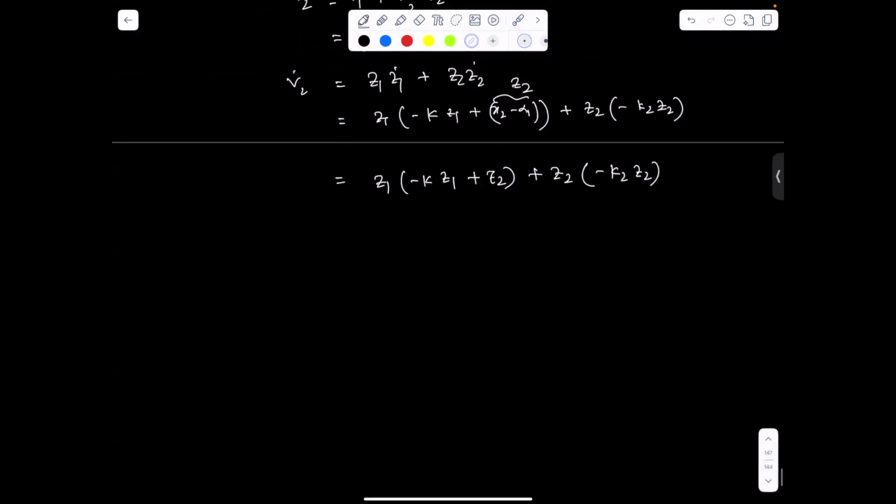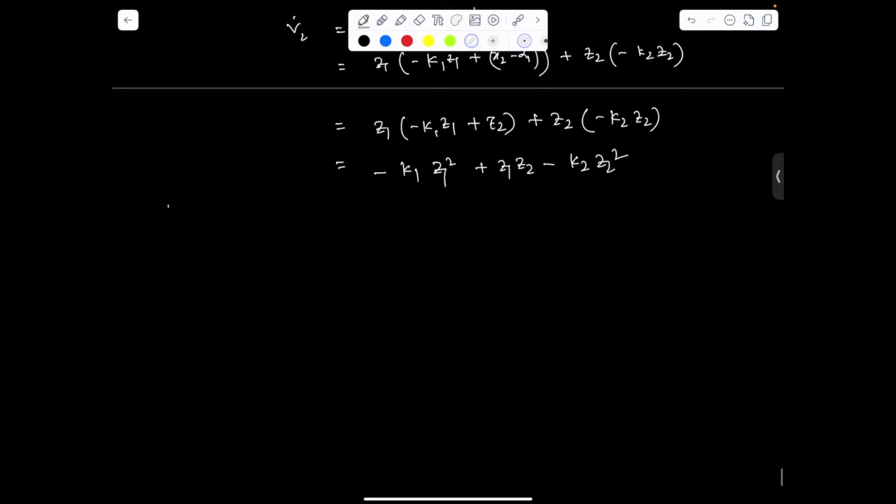From this, we can further write minus K1 Z1 square plus Z1 Z2 minus K2 Z2 squared.